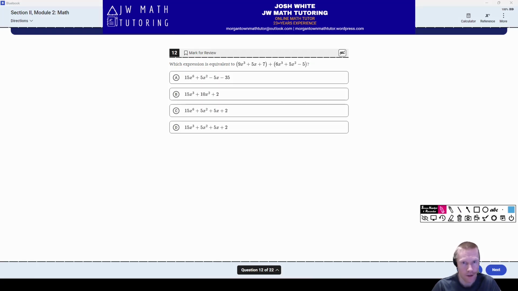So I'm going to match up my like terms here. 15x cubed, cross them out. Plus 5x squared does not have another like term. Plus 5x does not have another like term. 7 plus negative 5 plus 2. So looking at the answer choices, this one should be letter D, which is the correct answer.